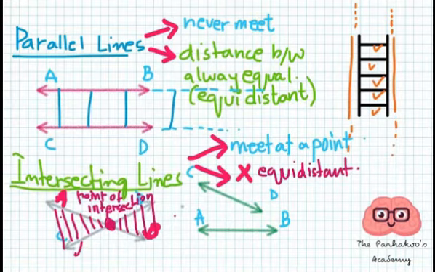Now if you observe here in this second diagram, these two lines do not meet, but they are intersecting lines because the distance between these two lines is changing, and there would come a time if you extend them, you would see that they would meet at a point, and this would be the point of intersection.